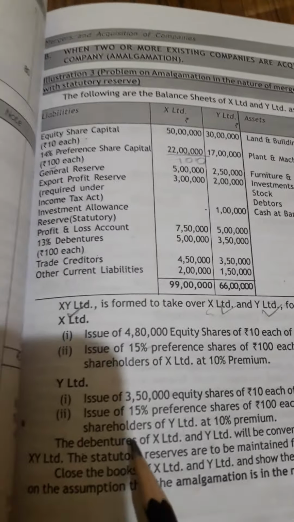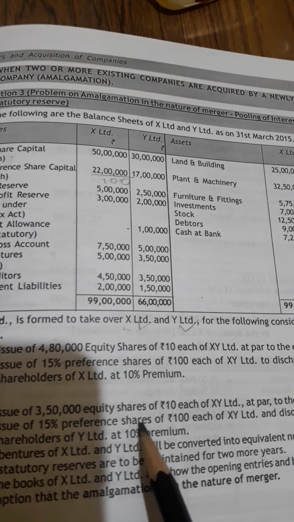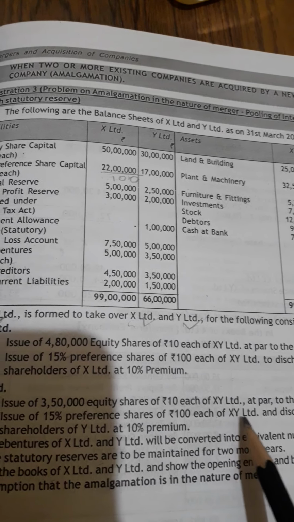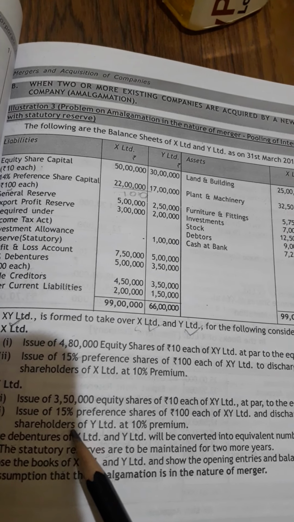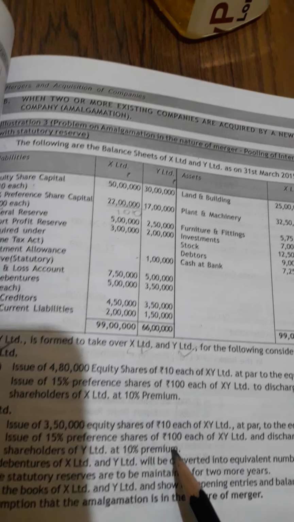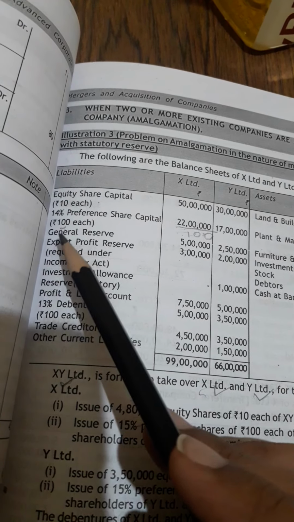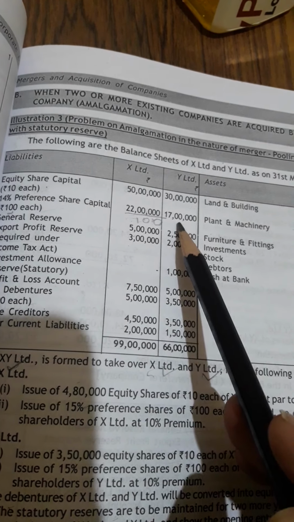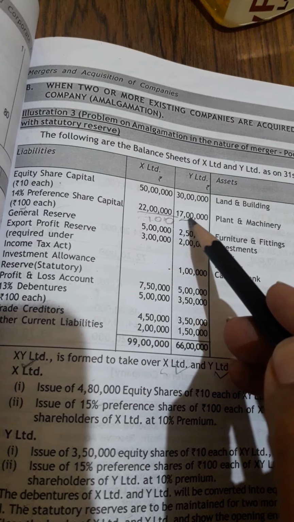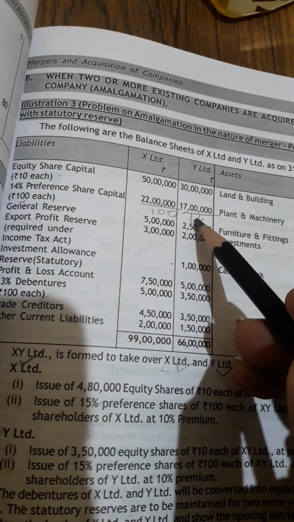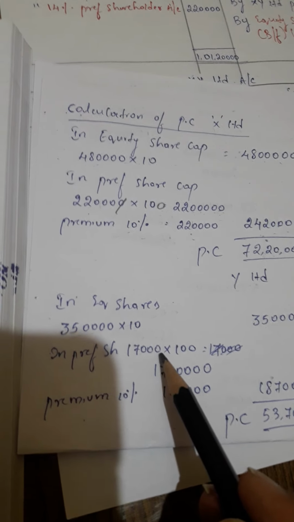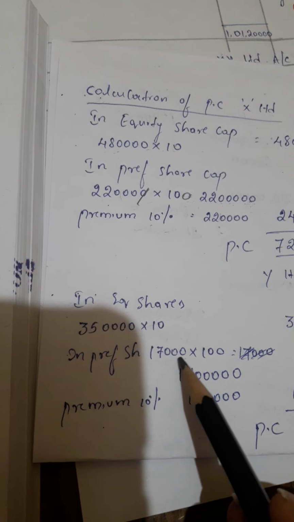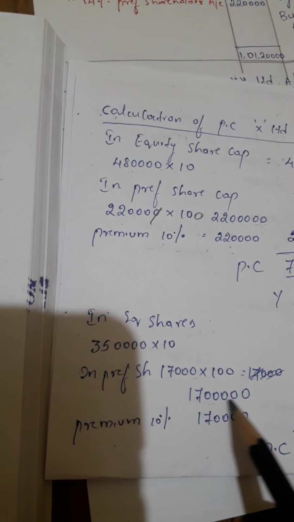Next adjustment, issue of 15% preference shares of rupees 100 each of XY Limited and discharge the preference shareholders of Y Limited at 10% premium. The total value of preference share capital of Y Limited is 17 lakh. They have given 100 each. 17 lakh divided by 100, it comes to 17,000. So total 17,000 preference shares of rupees 100 each. This is 17 lakh.